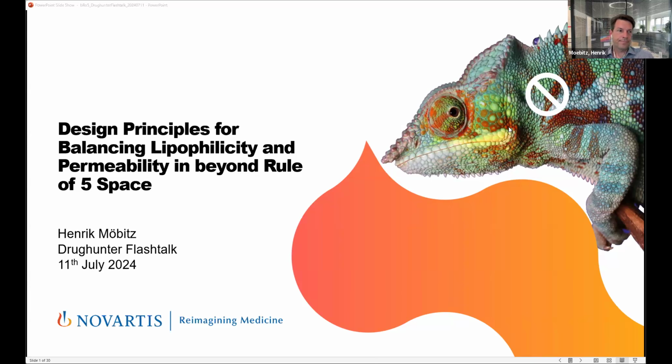However, chameleonicity is a great concept, but most of the chameleons that you find in the literature are actually red herrings. I'll explain later why they are basically computational artifacts that are due to bad physics.